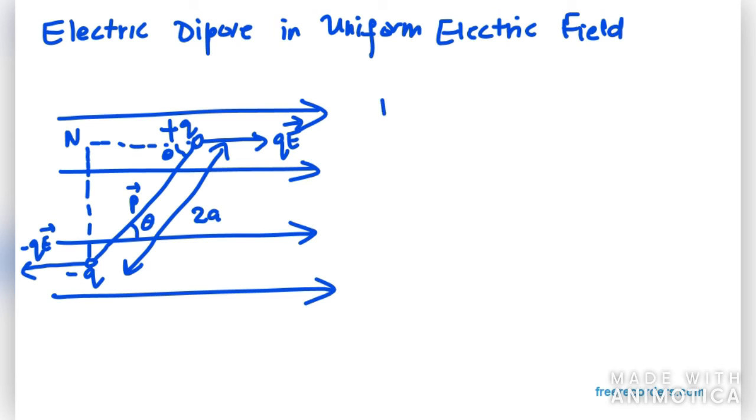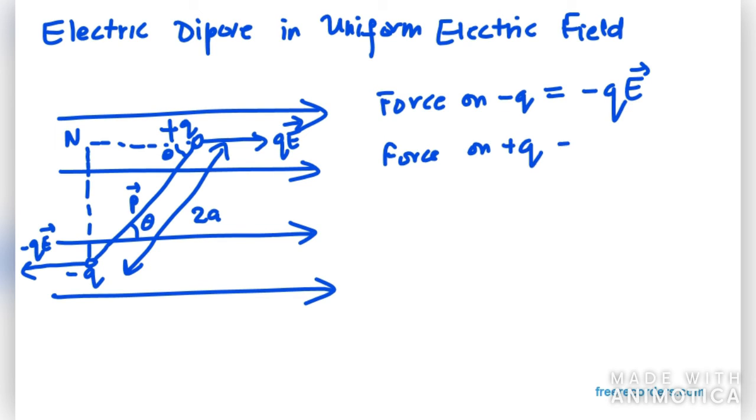First of all, you will write force on charge minus Q. So it will be minus QE. Now force on positive Q will be positive QE. This is along E. Electric field is in this direction and force on minus Q is in opposite direction to E, and this is in the same direction.